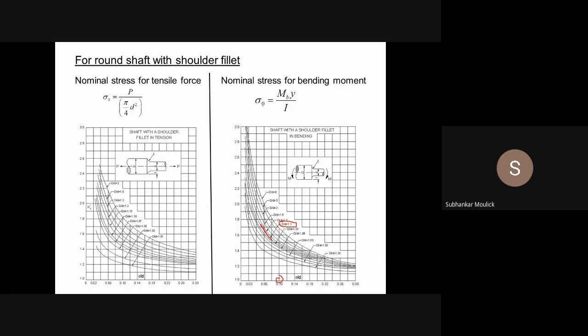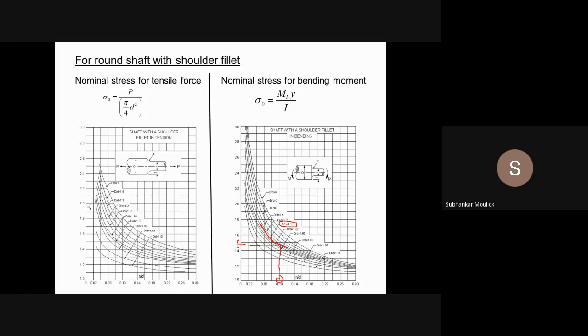So if this is the graph, from 0.1 I have to go vertically upward till capital D by small d 1.1. Then from this point I have to go along the negative x direction like this.